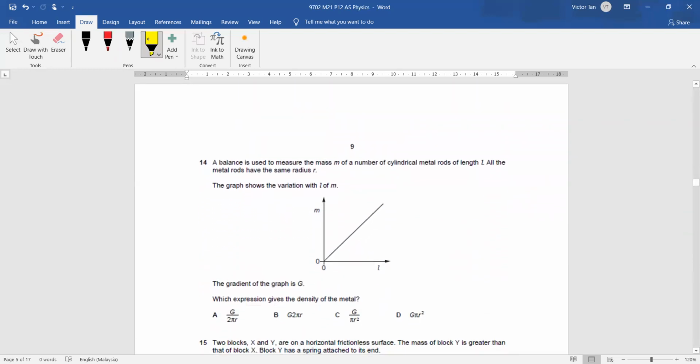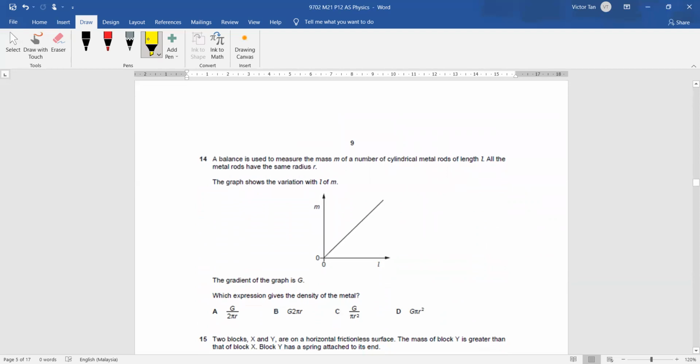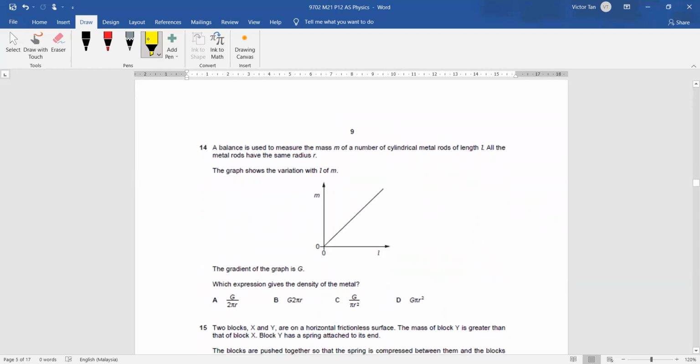A balance is used to measure the mass M of a number of cylindrical metal rods of length L. All the metal rods have the same radius. The graph shows the variation of M with L. The gradient on the graph is G. Which expression gives the density of the metal?